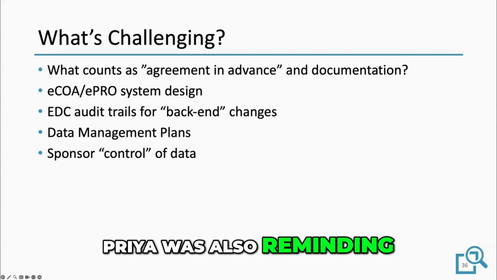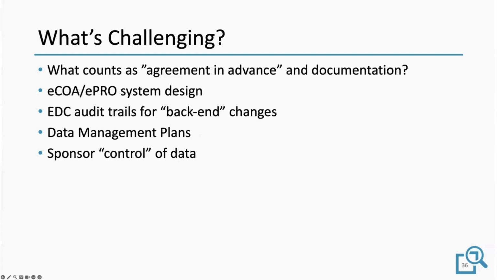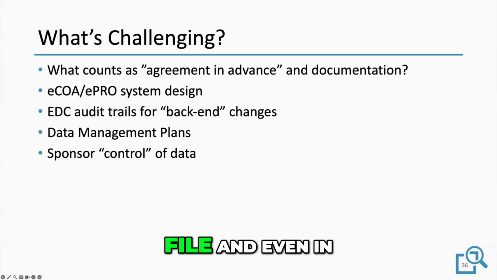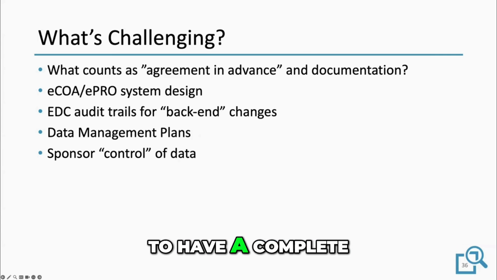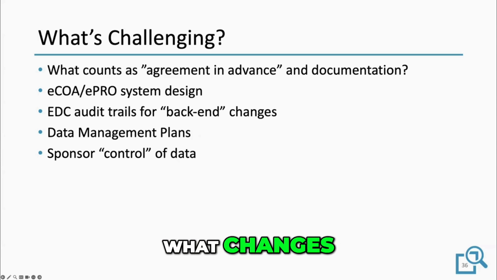Priya was also reminding me that we see lots of this documentation in notes to file and even in emails. And we really need to think about that. Like, how are we going to have a complete listing of who agreed to what changes?